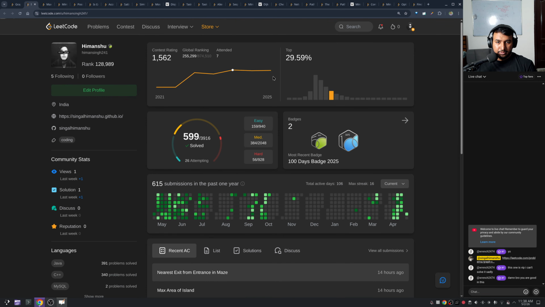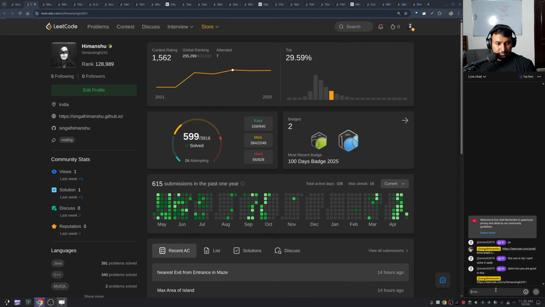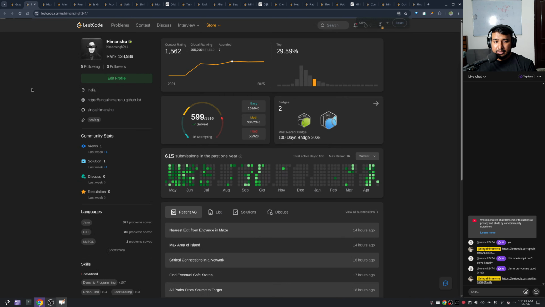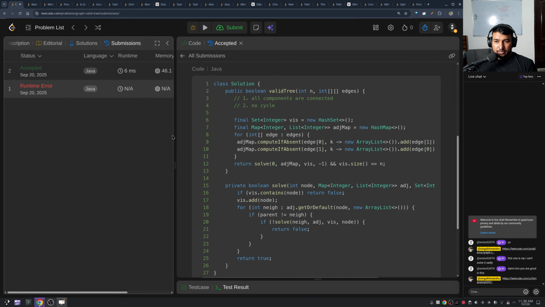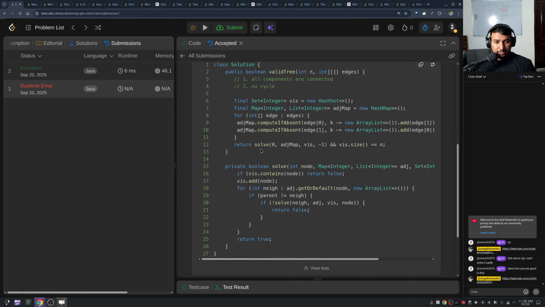The last contest I gave was in 2025. I need to improve my ranking, my contest rating. Right, and yeah, this is my LeetCode profile.